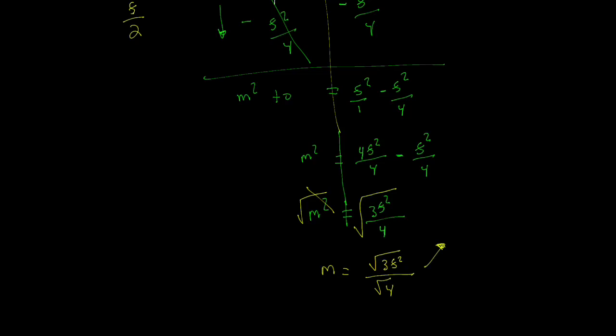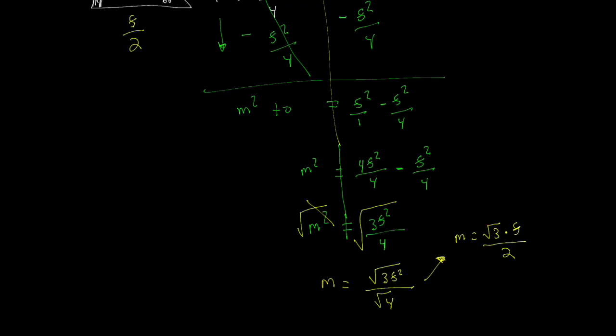I'm going to simplify this even further. The square root of 3 doesn't have a perfect square, but S squared does. The square root of S squared is just going to be S. So we have the square root of 3 times S all over the square root of 4, which is 2. So M equals the square root of 3 times S over 2.